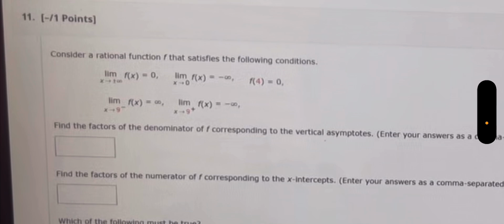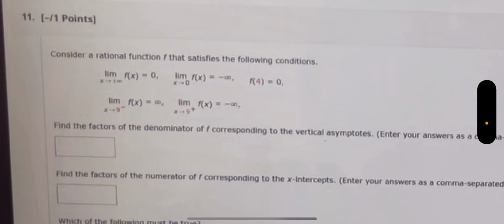So if that were in the numerator, that would show up as what? X minus 4. So the factor for the x-intercept would be x minus 4. The factors for the vertical asymptotes would be x, comma, open parentheses, x minus 9, close parentheses. Okay.